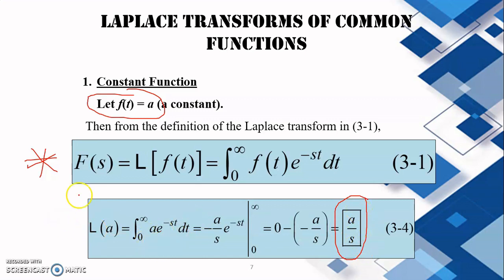You can see in the textbook how it derives the Laplace transform for a constant until it gets this expression. But what I want to tell you is the output: for any constant, the Laplace transform is equal to a over s. Just remember a over s. So this one is for the constant function.